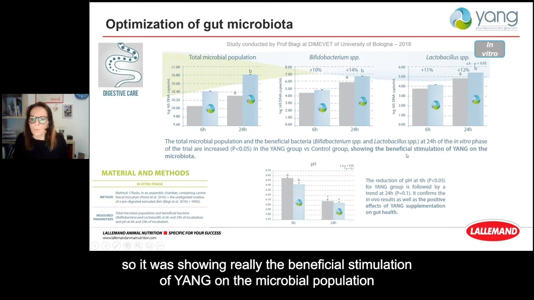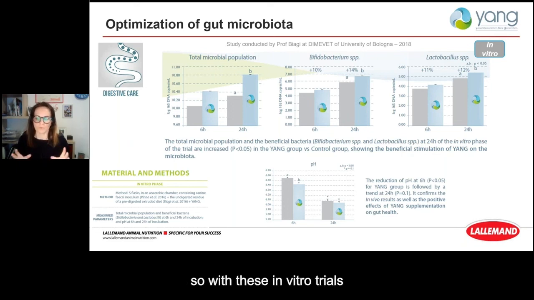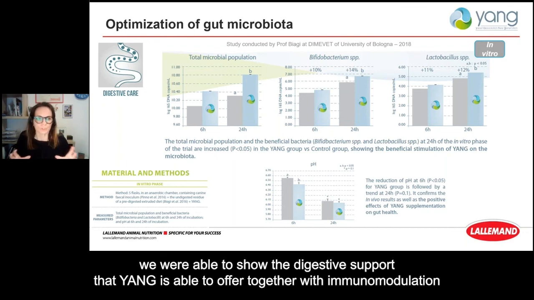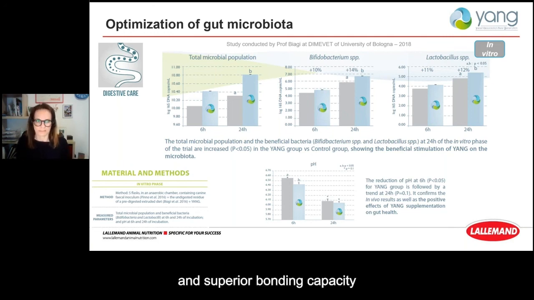So it was really showing the beneficial stimulation of Young on the microbial population. With this in vitro trial, we were able to show the digestive support that Young is able to offer, together with immunomodulation and superior binding capacity.